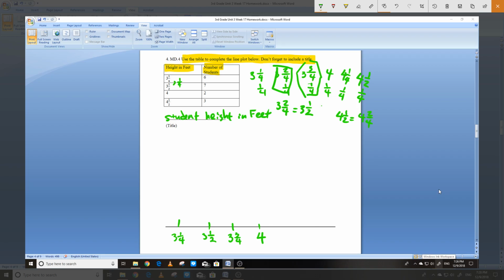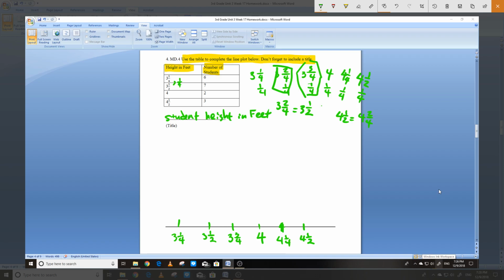So in order for me to hash this out evenly, I need to do 4 and 1/4. Oh, I'm so sorry, I should have written it here. And then 4 and 1/2. That is what I needed to do if I was increasing the rate by 1/4, and if I was spacing my hash marks on the bottom out evenly.